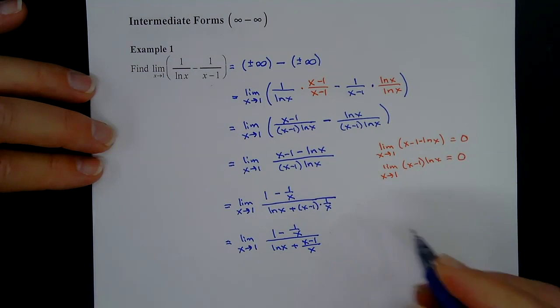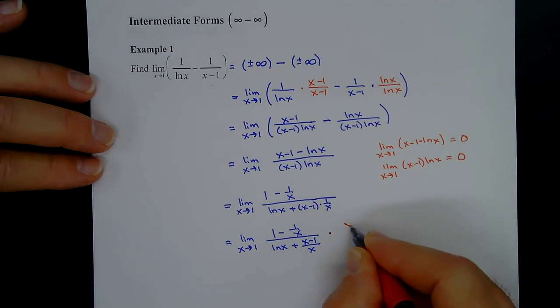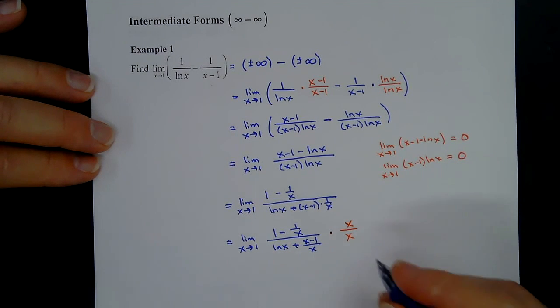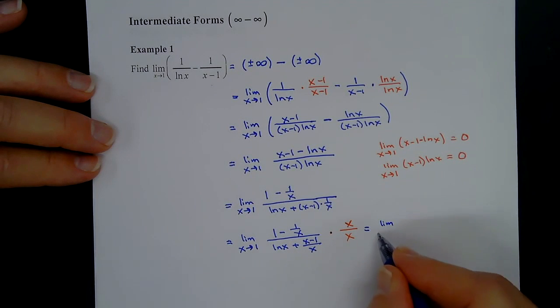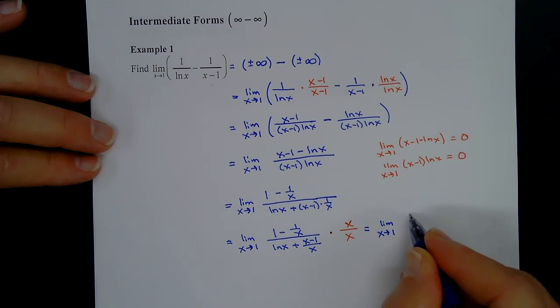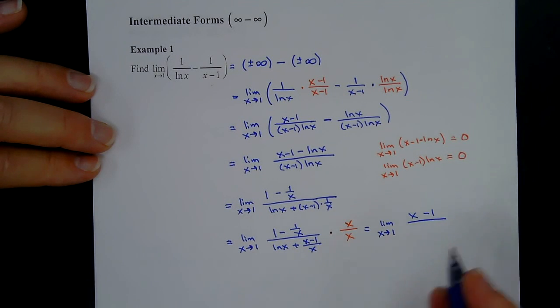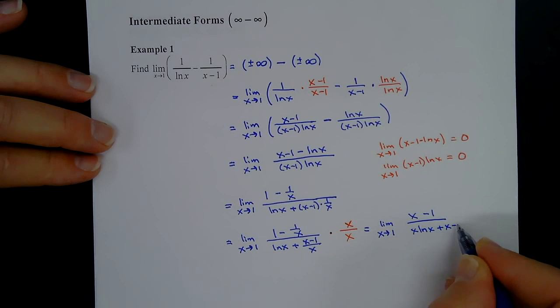And so what I'm going to do is multiply to clear out my complex fraction here by x over x. Okay, so when we do that, we get the limit as x approaches 1 of x minus 1 over, and when we do this one, we get x ln of x plus x minus 1.